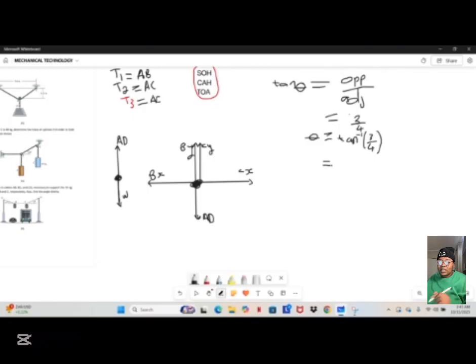You should never forget the unit of anything. It's in degrees. Forces are in newtons, and this is in degrees.